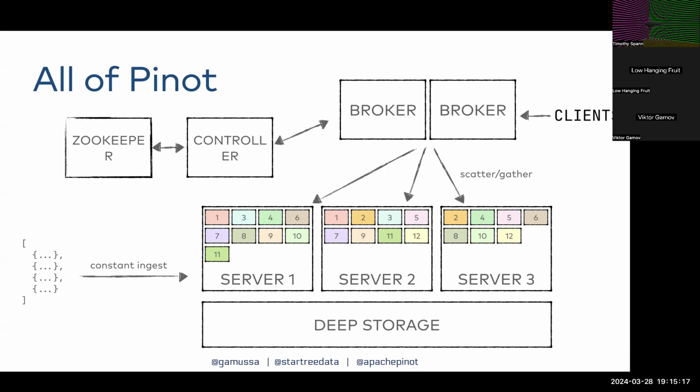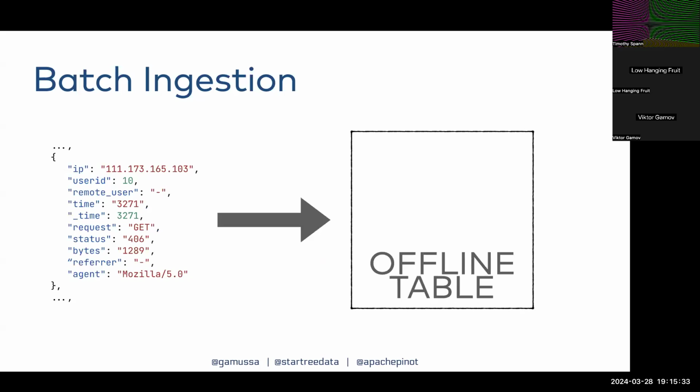Or if it's Kafka, it will be constantly reading from Kafka. We only give you select queries, like select star from whatever. You cannot do inserts here. With Kafka though, we support upserts. If data with the same key comes in, we can update real-time segments.